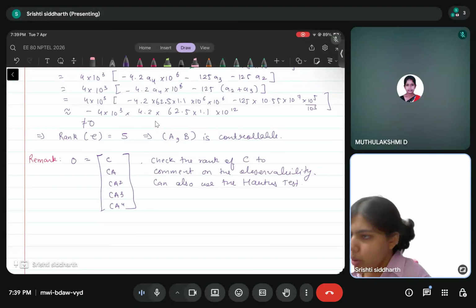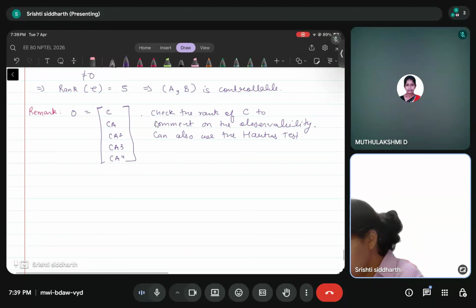Alright. Now let's move on to the linear output feedback control design. So if you have any doubts, let me know now. I'm going to move on to the next section.